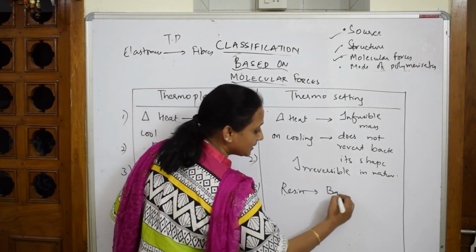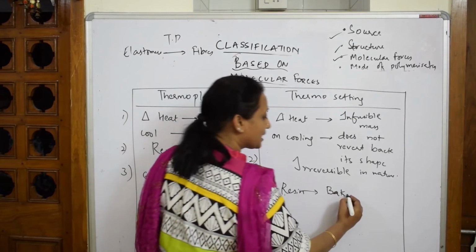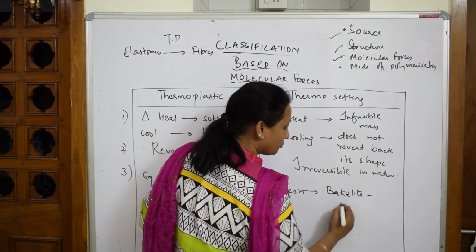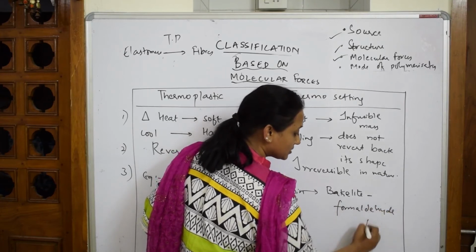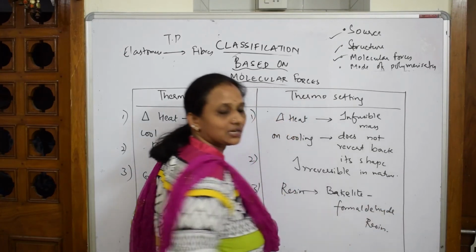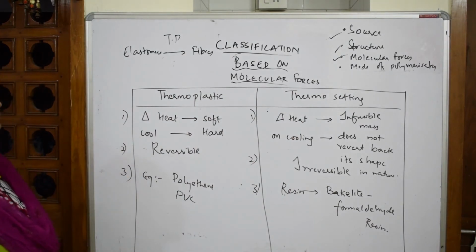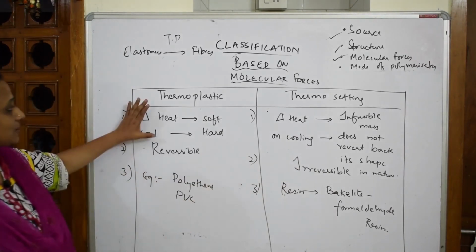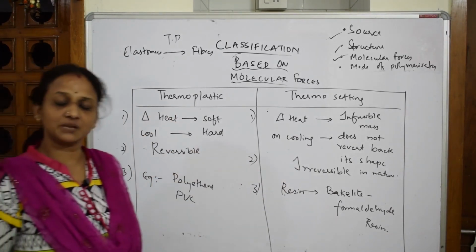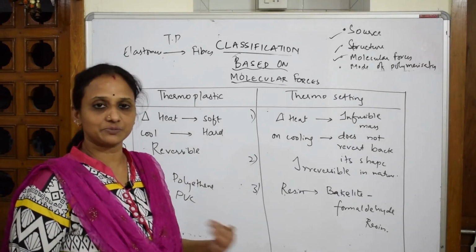We have learned bakelite, which forms straight chain and cross-linked polymers, so bakelite, formaldehyde resin. For 1.5 marks, 3 points are more than enough. So this is thermoplastic, and this is thermosetting: once set, it will not revert back. A thermoplastic retains its shape when hot, and when cool it comes back to its shape.